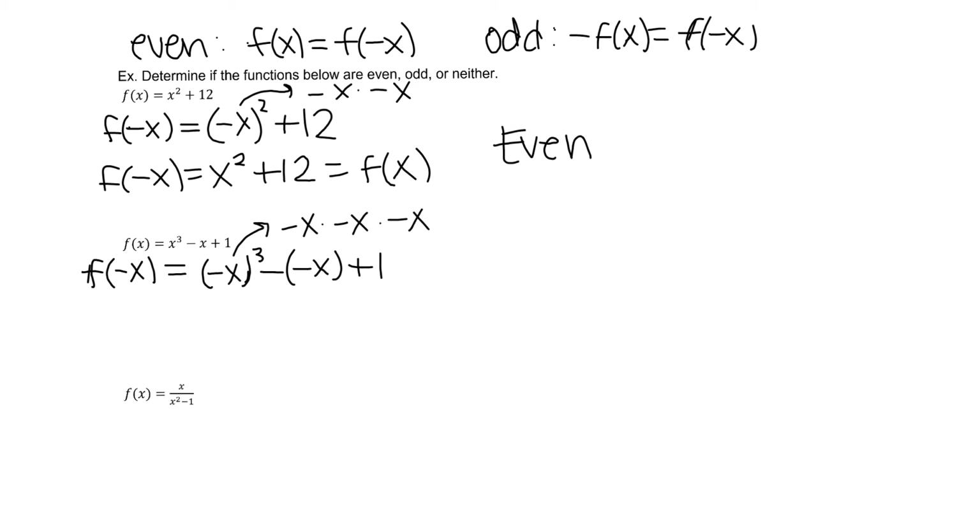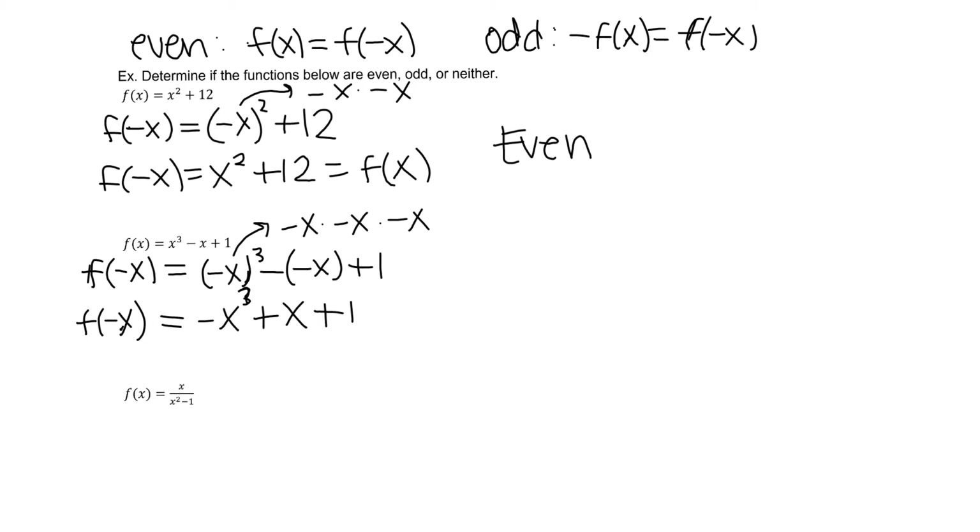I have an odd number of negatives, so it's still going to be negative, and then x times x times x is x cubed. So I'm going to get negative x cubed minus a negative x becomes plus x, and then I still have plus 1. So f of negative x is negative x cubed plus x plus 1, which is not our original function f of x, so I know it's not even.